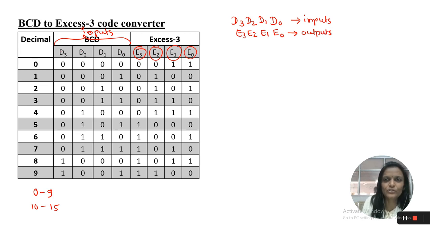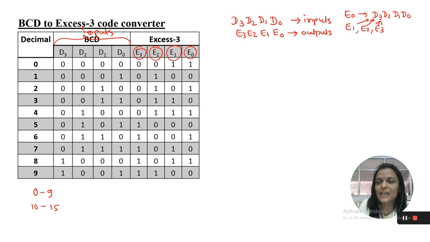So what is our purpose here? Our purpose is to find out the expression of E0 in terms of D3, D2, D1 and D0. Similarly, we need to find out the expressions of E1, E2 and E3 in terms of D3, D2, D1 and D0. And for that we will use the K-map. How many variables are there?